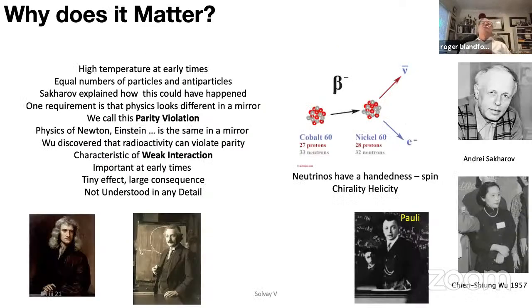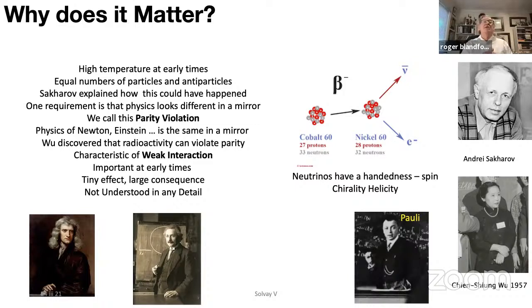One of the people who first thought about this was Andrei Sakharov, actually in 1971. He said, well, all of this fancy physics going on in the early universe, if you want to be left over with some matter at the expense of the antimatter, then there were three conditions that had to be satisfied by the physical processes.